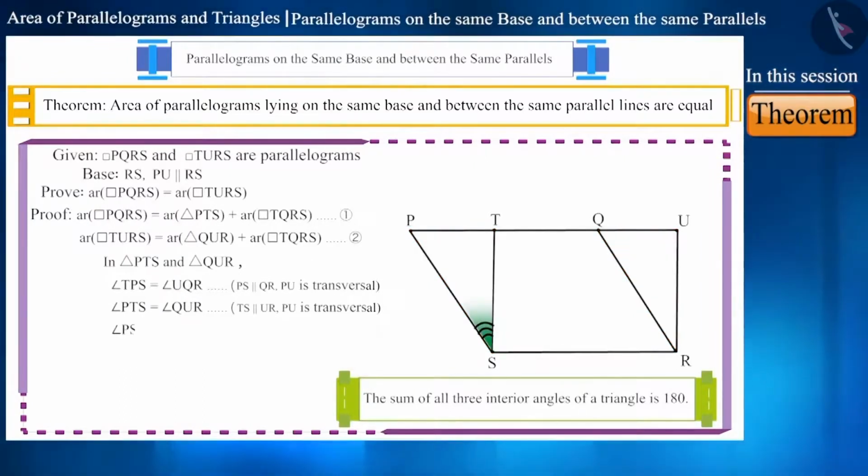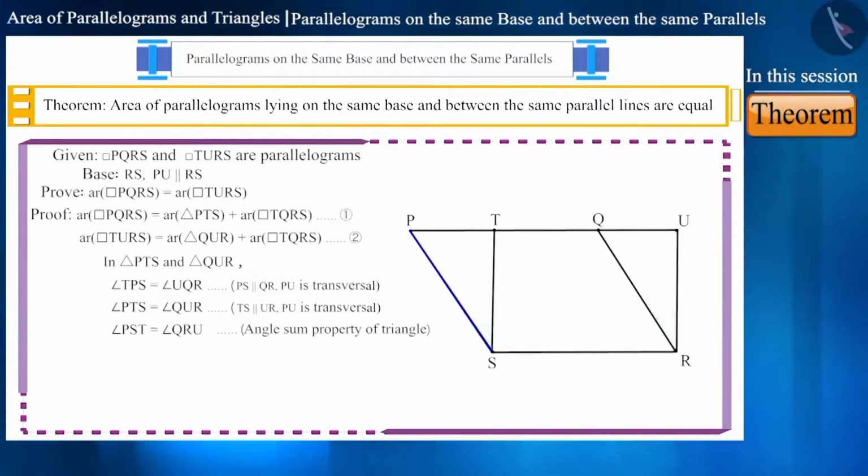Therefore, angle PST will be equal to angle QRU according to the angle sum property of the triangle, and side PS is equal to side QR because the opposite sides of the parallelogram PQRS are equal.